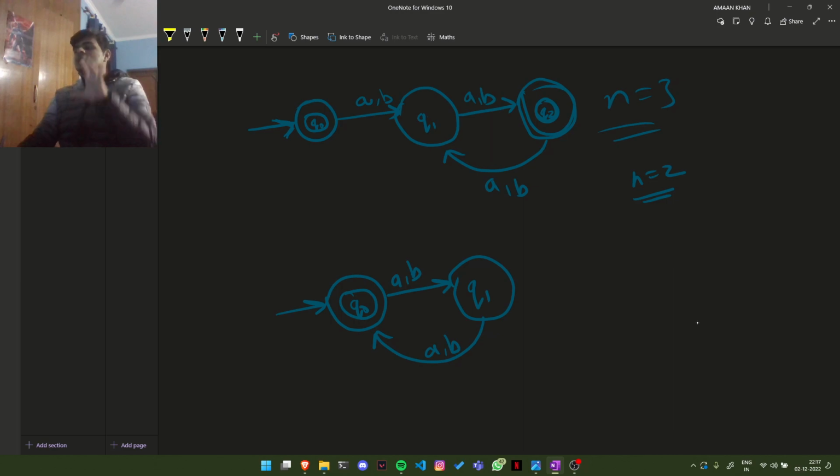Zero length strings are accepted, 1 length not accepted, 2 accepted, 3 not accepted, 4, and it will keep going. This is equivalent to the previous one, but I have done it with n equals 2, the minimum number of states. So this is the minimal DFA.